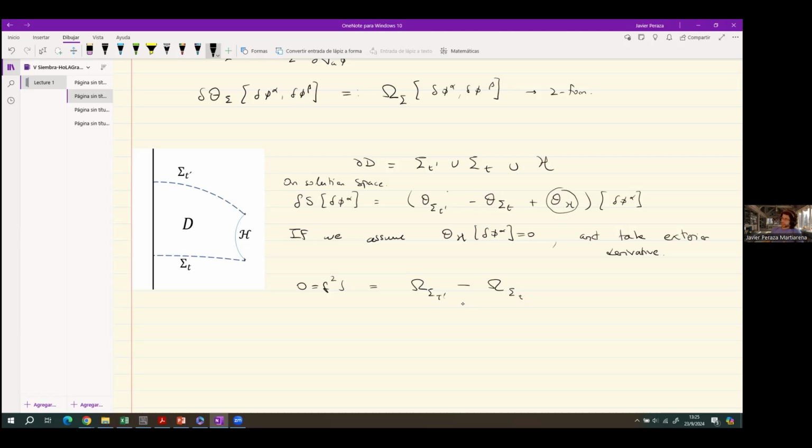Again, this can be done if we are not considering what happens at null infinity and spatial infinity, because if this surface goes to, let's say, spatial infinity and we impose some non-trivial fall-off for the fields, then of course this will contribute. So taking into account this contribution will be the main purpose of this lecture.